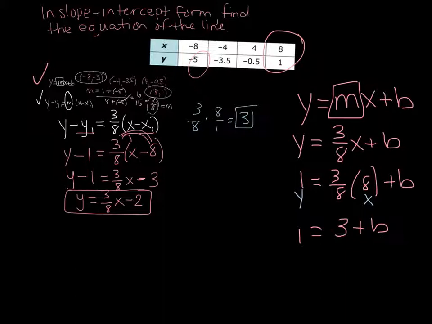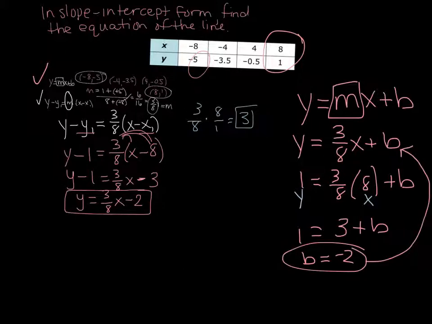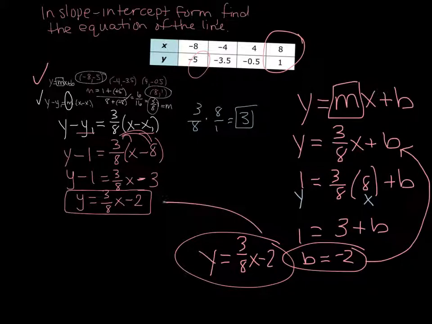Subtract 3 from both sides, and I get b equals -2. So I'm going to plug that -2 right back in, and I get y equals 3/8 x minus 2, which is the same thing we got in our other example. You could use either method and they'll both get you the same answer. So it's whatever you prefer.